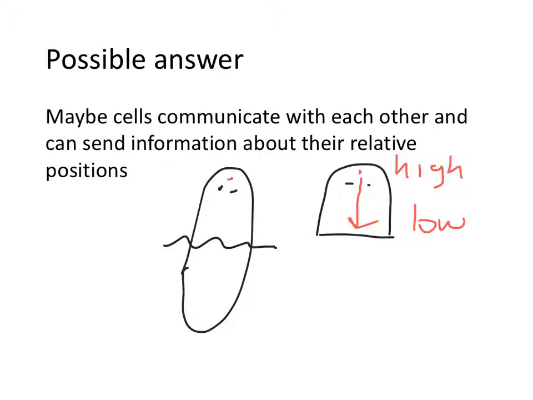So in the original pre-cut organism, you have to imagine that the gradient goes from high at the head to low at the posterior, and when you make that cut, the cells that have the lowest concentration, although it's still the same concentration as before, the cells that have the least concentration of that signal are near the cut site, so that maybe informs them that they are at the tail end of the organism and that they should produce yet more tail structure.